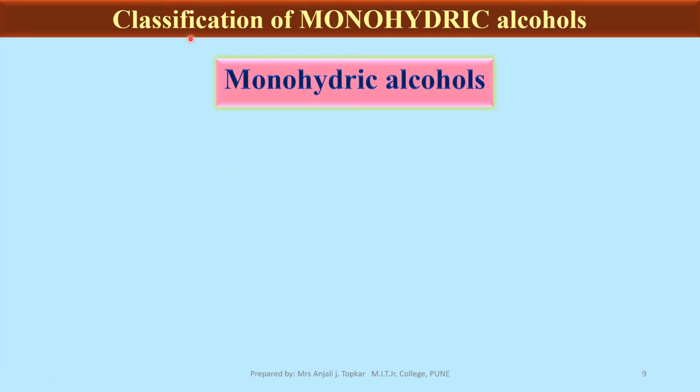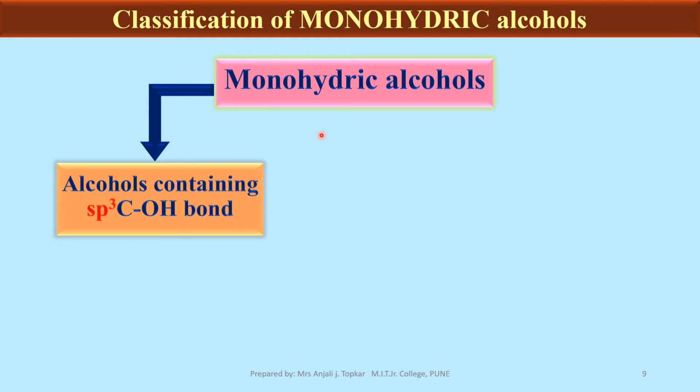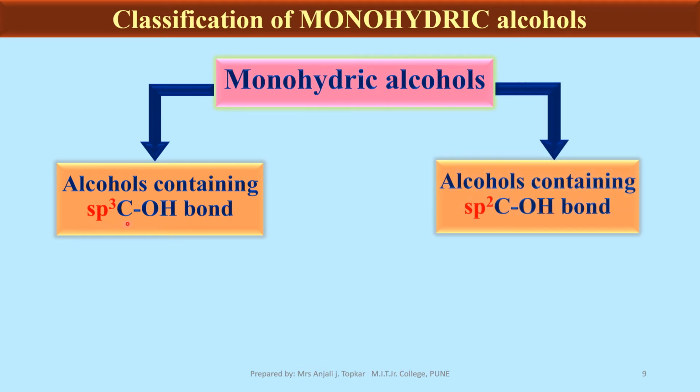Now we are going to understand the classification of monohydric alcohols. Monohydric alcohols are classified as alcohols containing C-OH bond where carbon atom is sp3 hybridized, and the second part of the classification is alcohols containing C-OH bond where carbon atom is sp2 hybridized.